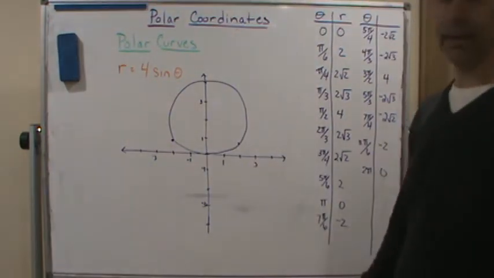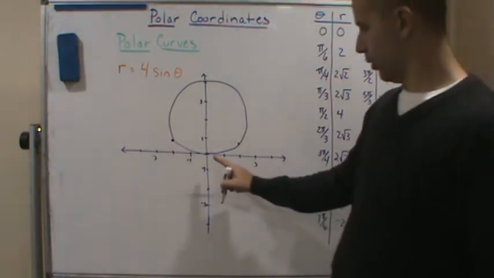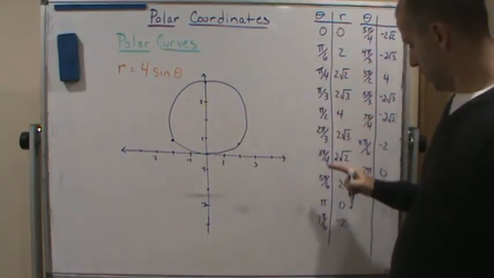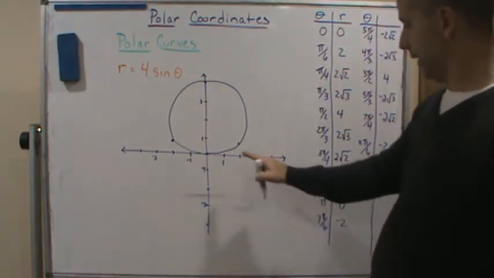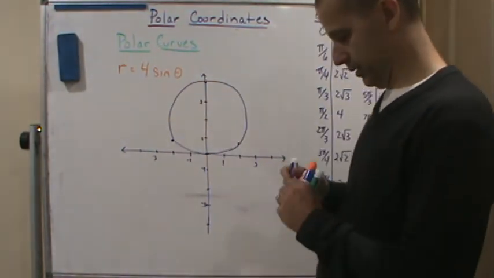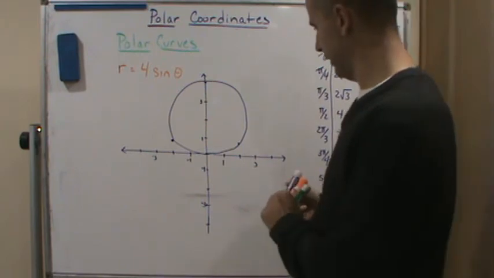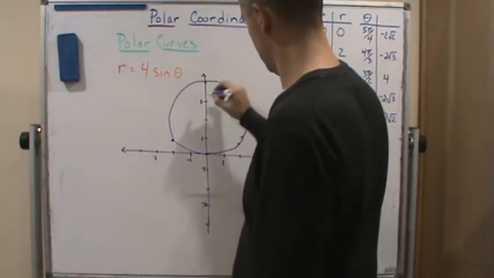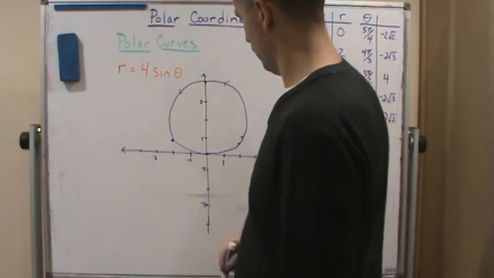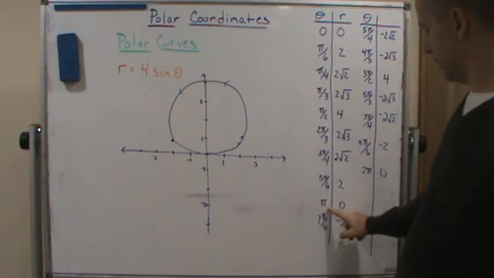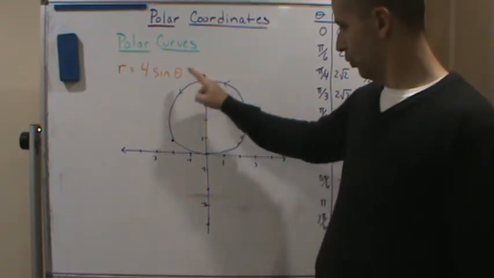So then it looks like that. From 0 to pi, it goes like this. So again, from 0 to pi, it goes like this.